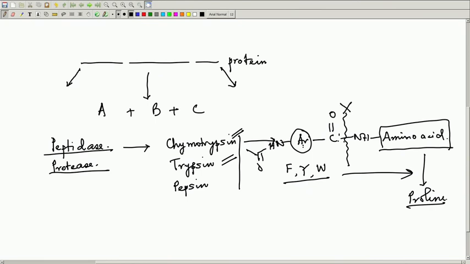What about trypsin? Trypsin hydrolyzes very similarly, but it only recognizes highly basic amino acids like lysine and arginine. So in this case you have a basic amino acid, meaning an amino acid having a very highly basic side chain.